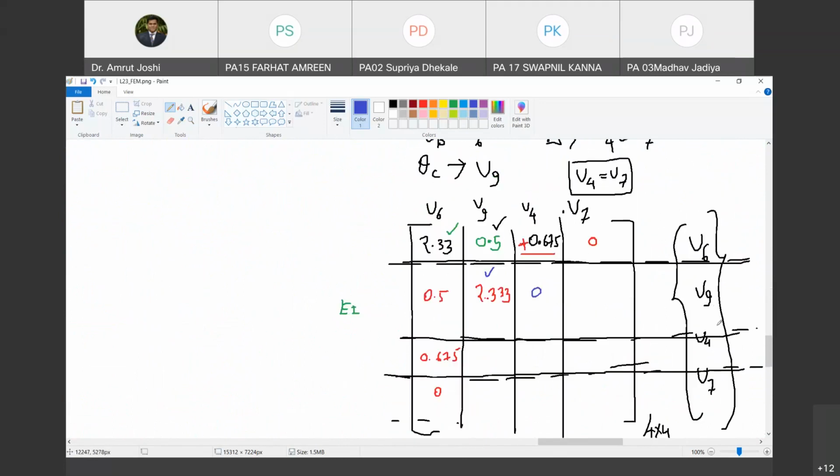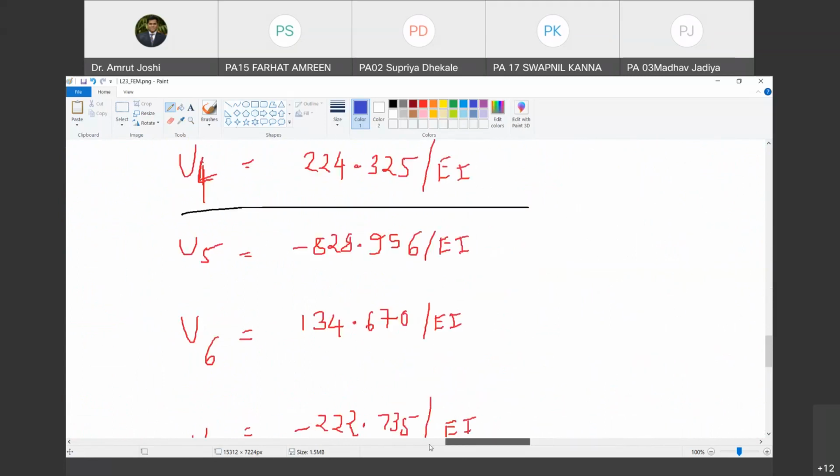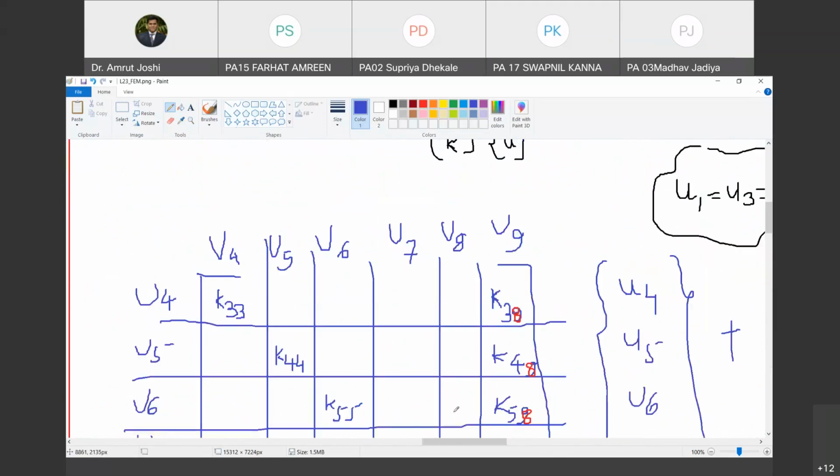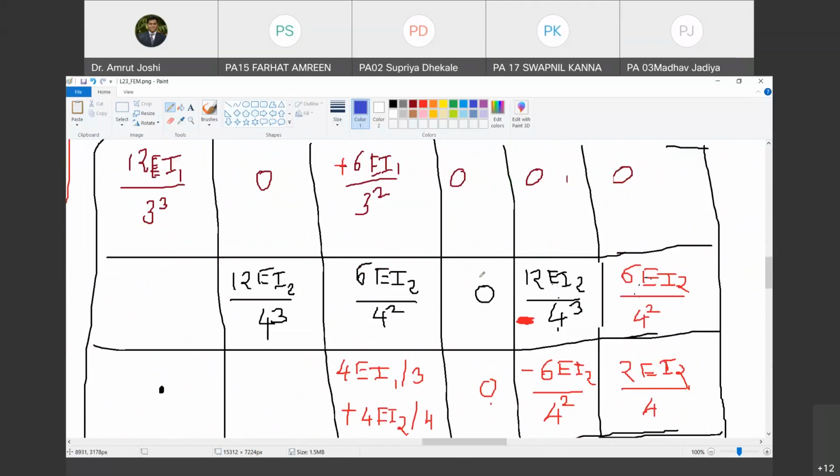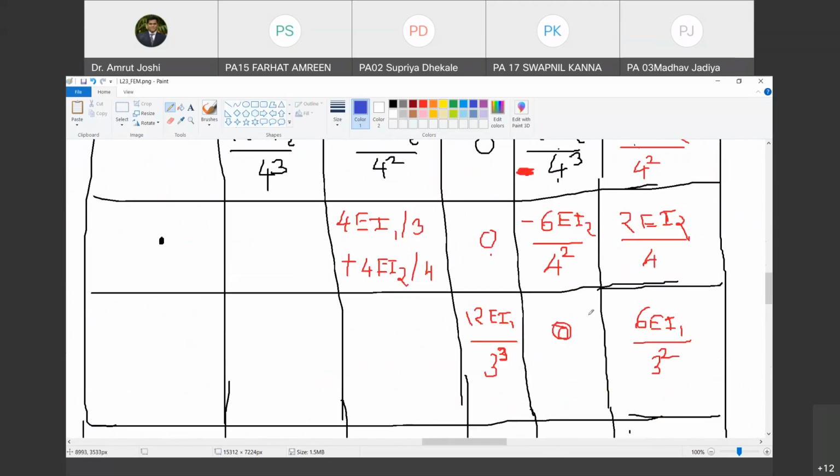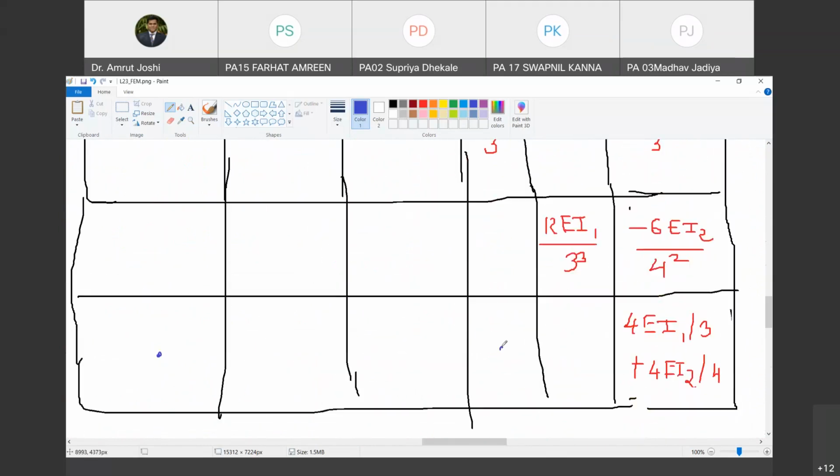Then u7 and u9 का intersection लिखना है, so let us have a look at this. u7 and u9 is the last, so ये वाला element.